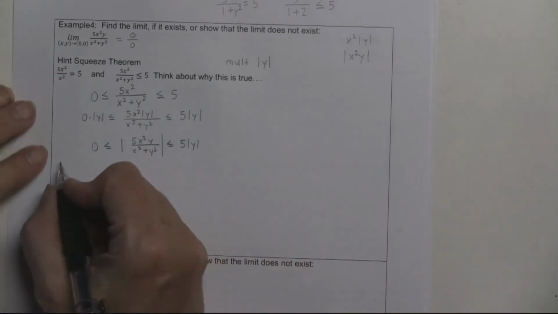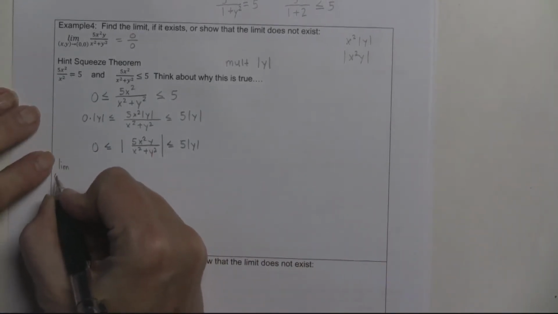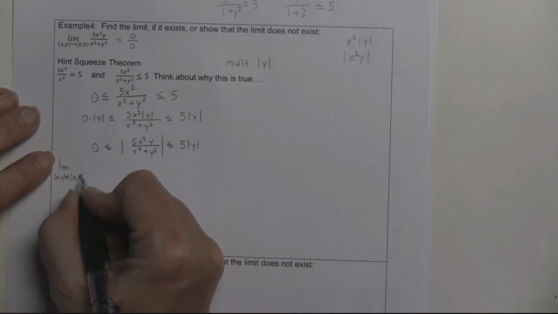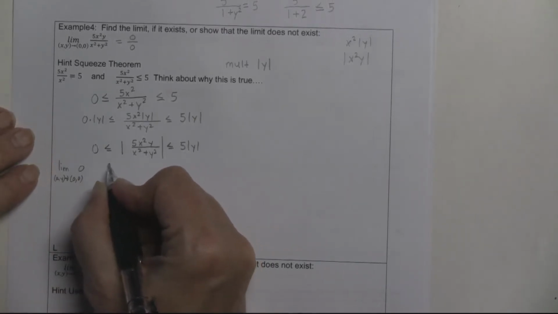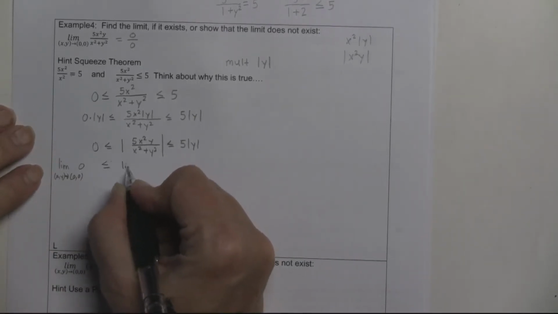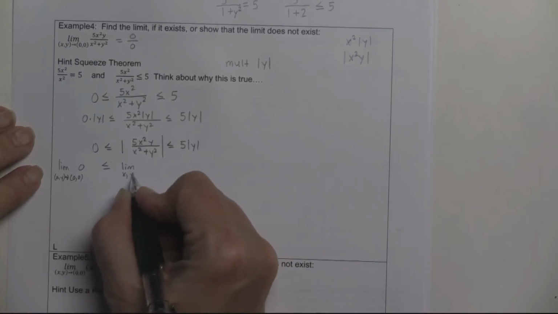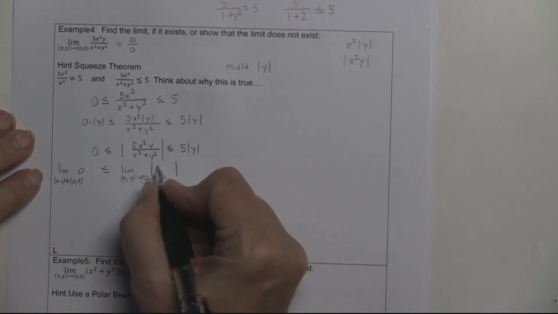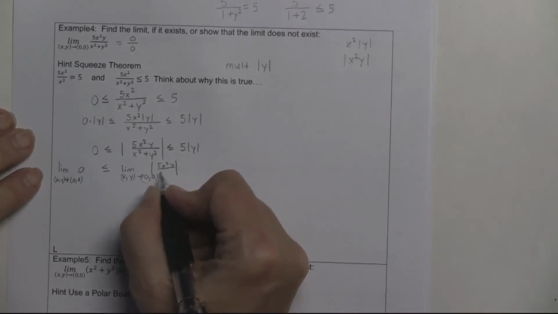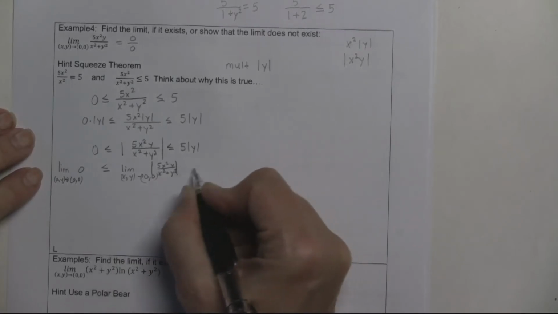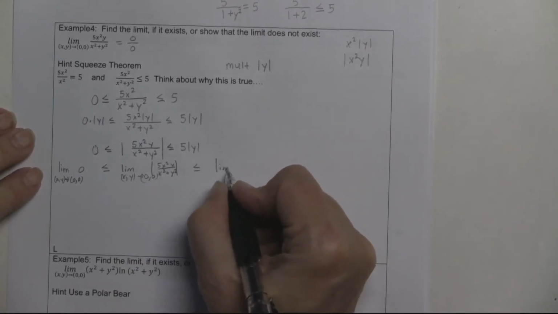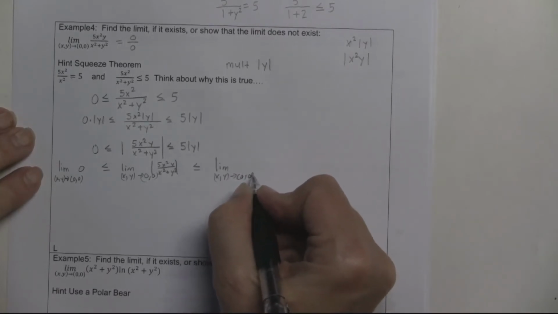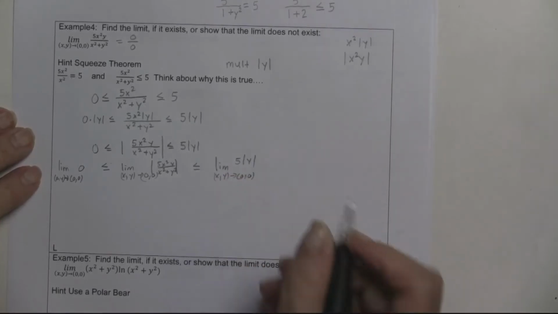So when I do that, I have the limit as (x, y) goes to (0, 0) of 0, and then in here, the limit as (x, y) goes to (0, 0) of this absolute value thing, and then on the other side, the limit as (x, y) goes to (0, 0) of 5 absolute value of y.